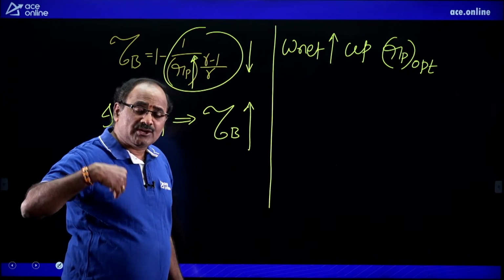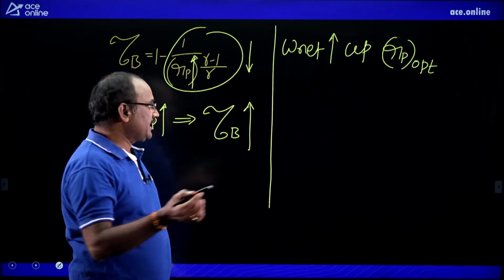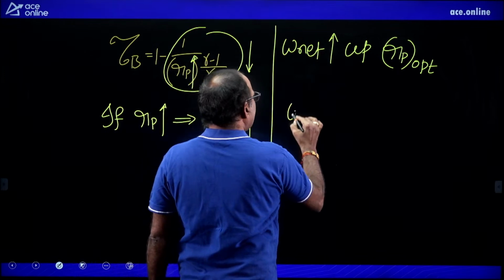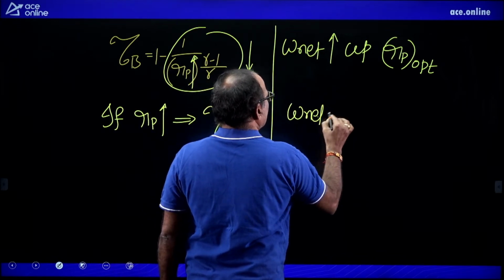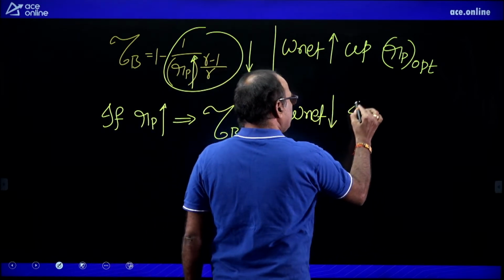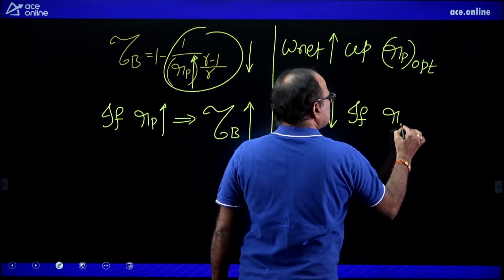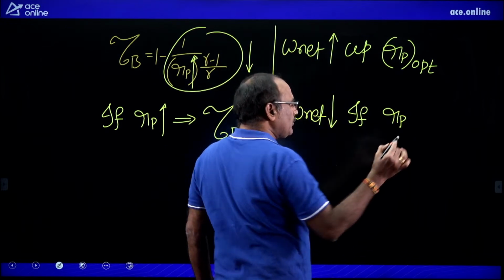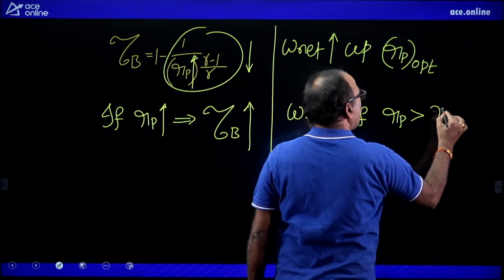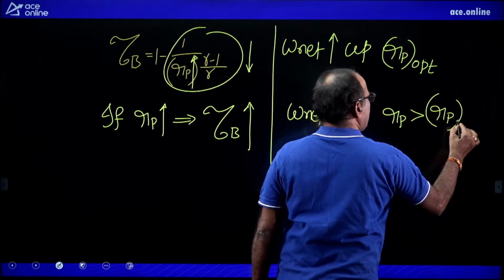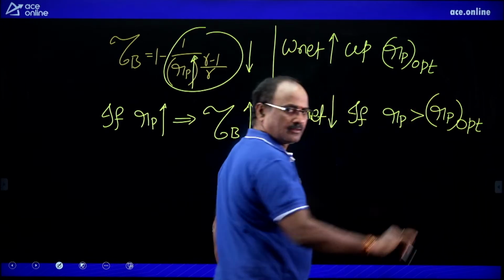If the pressure ratio is more than the optimum pressure ratio, then the network output is decreasing. This is a very, very important point.